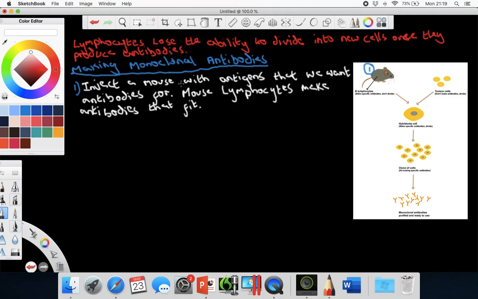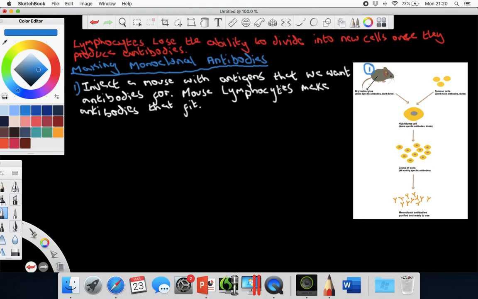But the problem is that these lymphocytes no longer make any other type of antibody. And at the same time, we've only got one lymphocyte that does it. We want to make lots of this type of antibody to fit the antigen we want. This might be an antigen for a cancer cell, this might be an antigen for HCG in a pregnancy test, it might be an antigen for a specific molecule found within a cytosol.